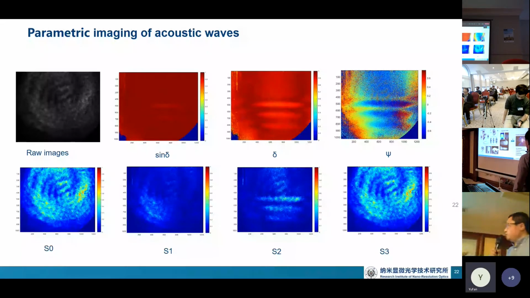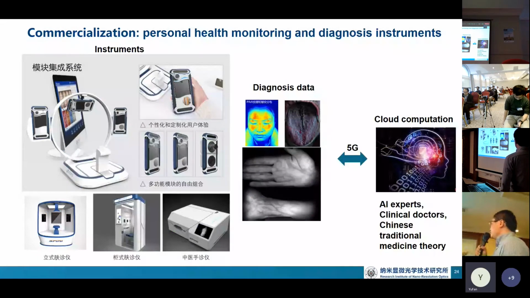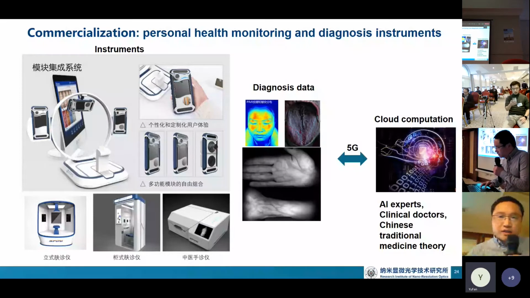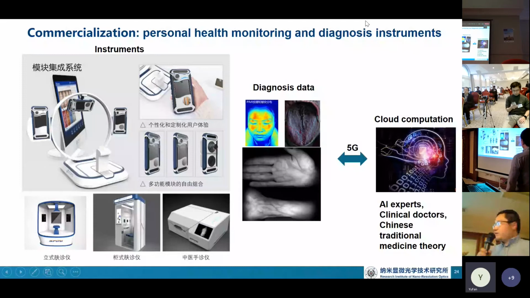Of course, we are also trying to commercialize our instrument. This is a slide showing a few instruments we have already developed. Based on these instruments, we can obtain different kinds of diagnosis data, and we transfer this data to cloud computation.